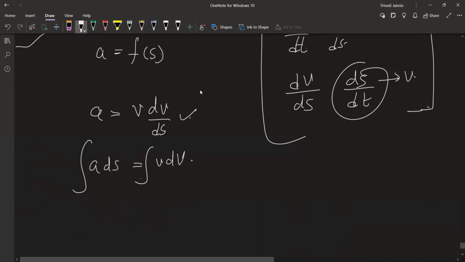Okay, all these have the same notation, like displacement. Now here a is instantaneous acceleration, v is instantaneous velocity.